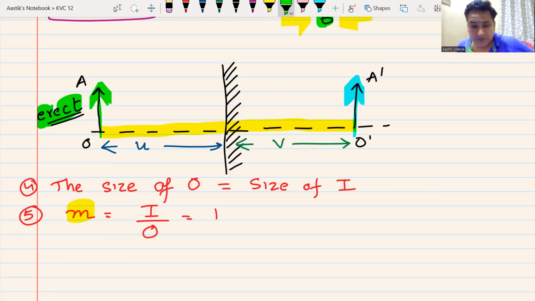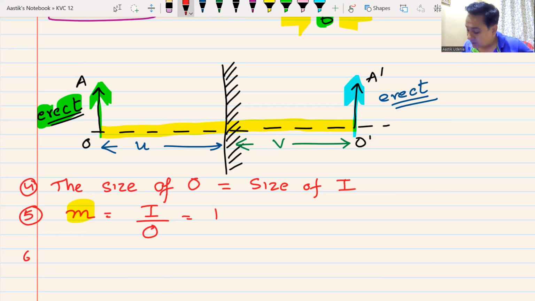This green arrow, which is the object, is erect. What you can say about the blue arrow? Object is erect. What happens to the image? Correct. Image is also erect. Well done. That is what I mean to say. If the object is erect, the image is also erect.